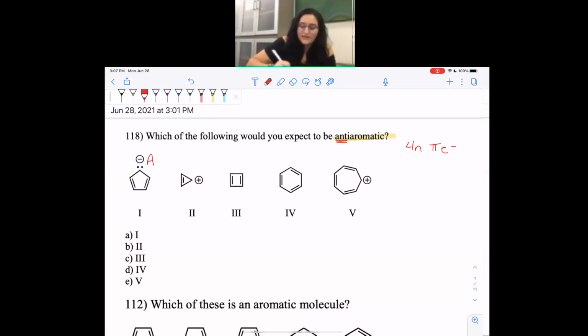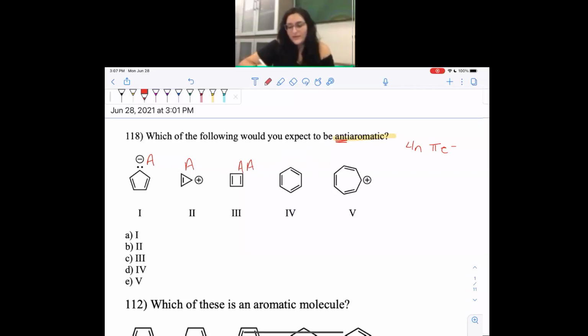So this one is aromatic. This one is cyclic, planar, fully conjugated, but it has 1, 2 pi electrons. That's actually still aromatic. This guy, cyclic, planar, fully conjugated, 1, 2, 3, 4 pi electrons. 4 pi electrons means anti-aromatic.